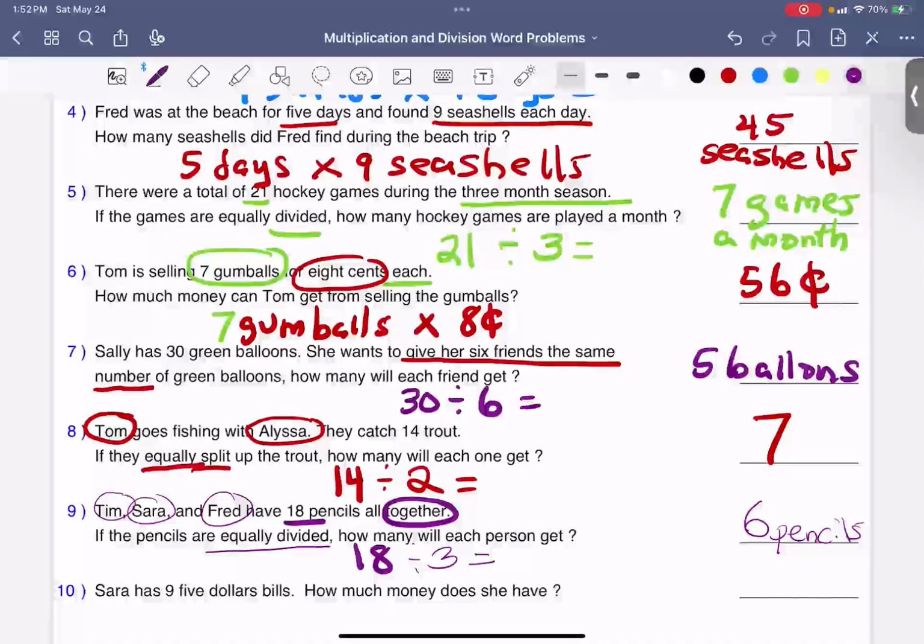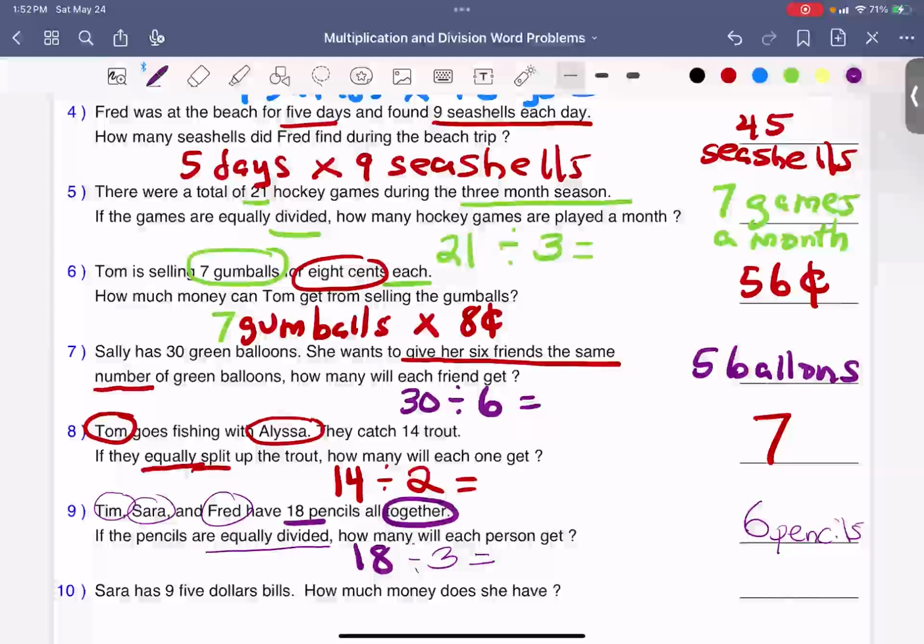Number 10. You try number 10. Sarah has 9 $5 bills. How much money does she have now? So I'm hearing counting.